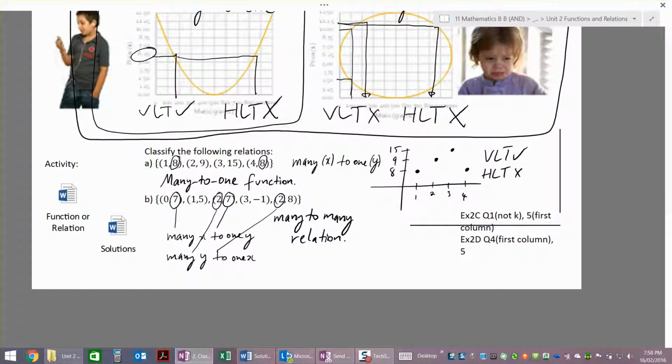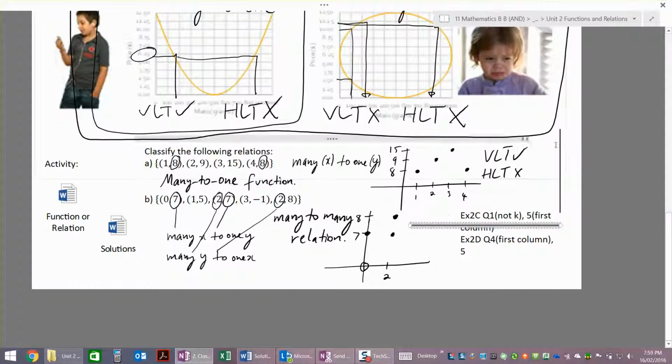So again, you probably don't need to draw all of the points, just draw those offending points. I've got 0, 7, that's a point. I've got 2, 7, that's a point. And I've got 2, 8 as a point.